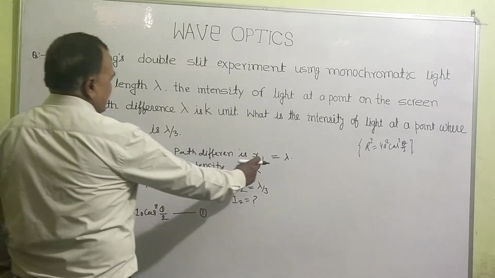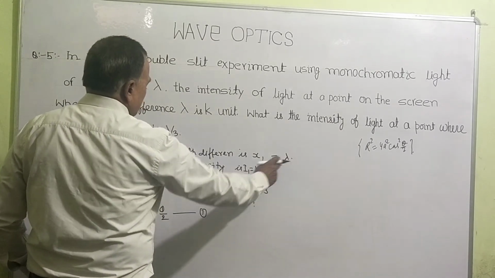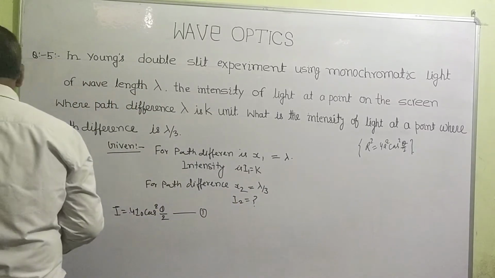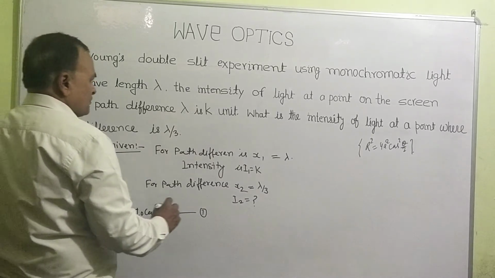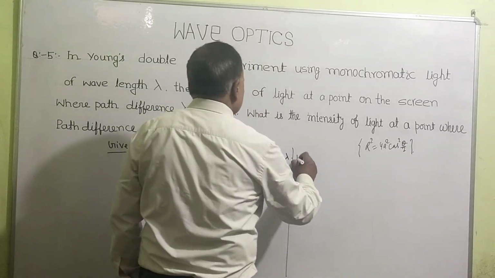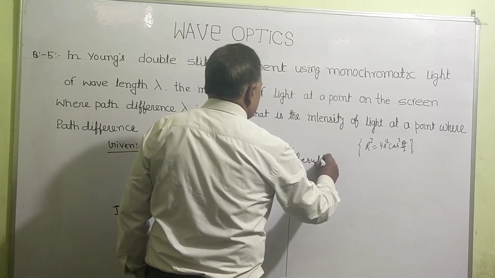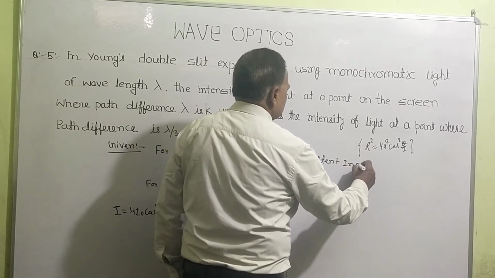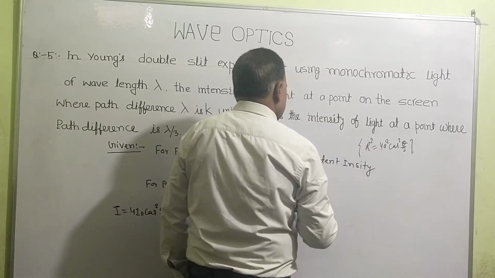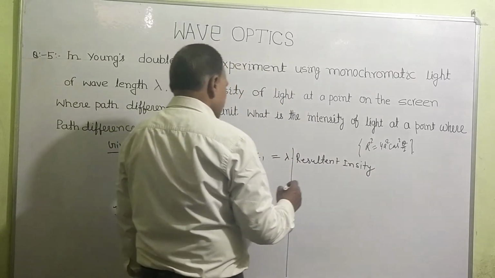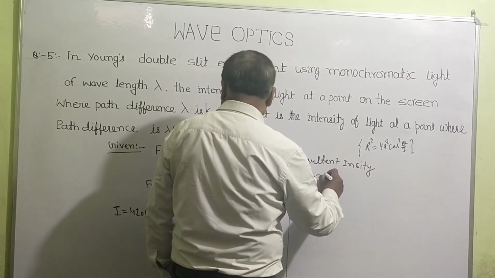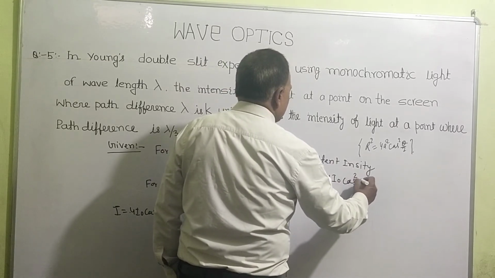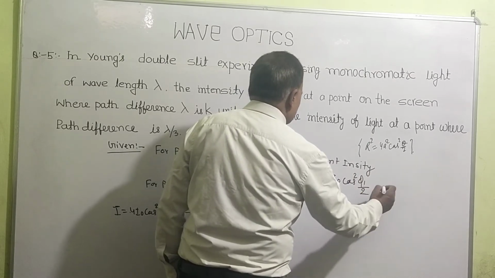Now we put path difference x1 equal to lambda, I1 is equal to k. The resultant intensity is given: I1 is equal to 4 I naught cos square phi 1 by 2.